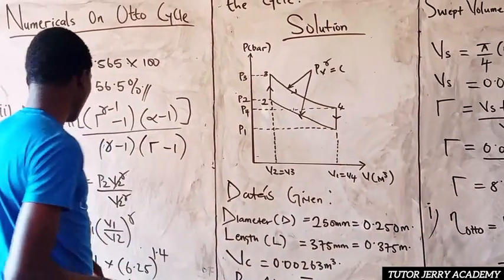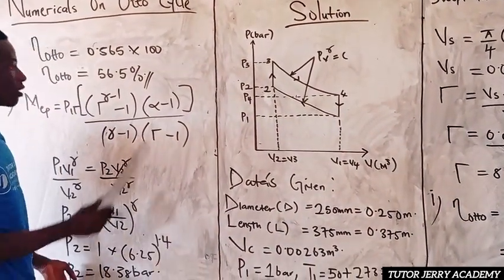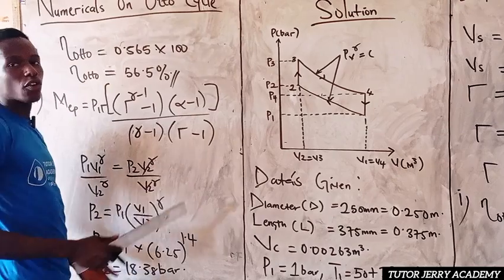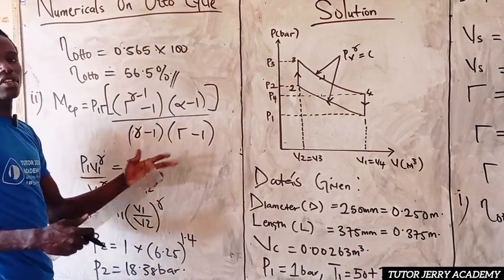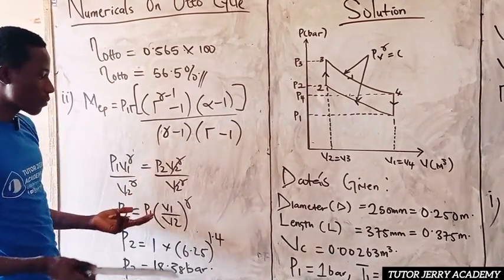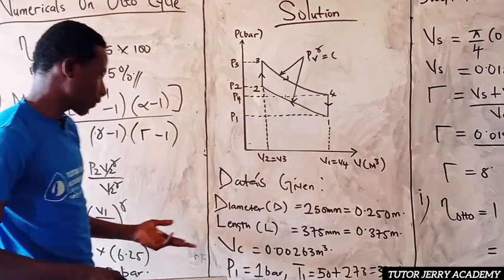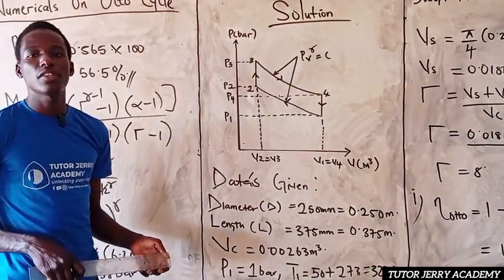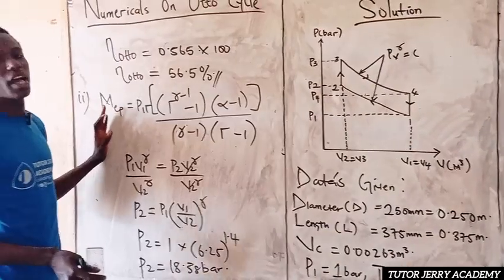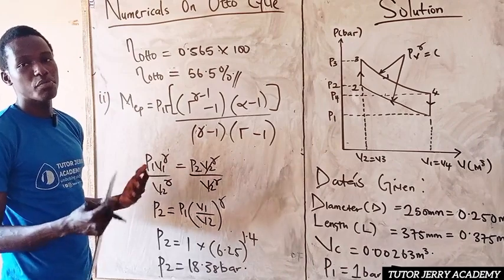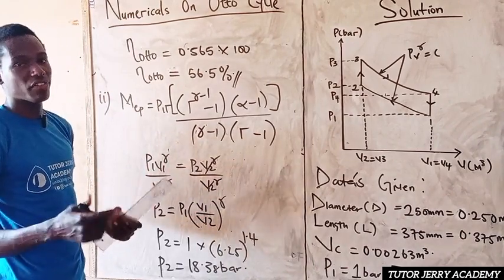Next, don't forget, our aim is to get the value for alpha. Alpha denotes the pressure ratio, which is P3 over P2. Were we given P3? In the question, we were given P3, the maximum pressure, to be 25 bar.